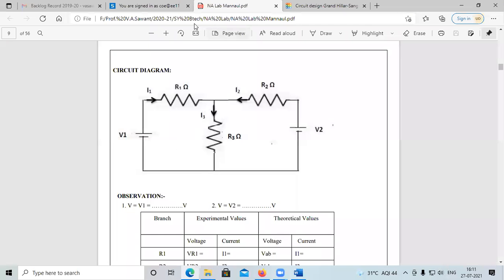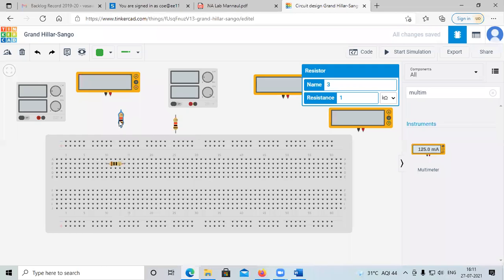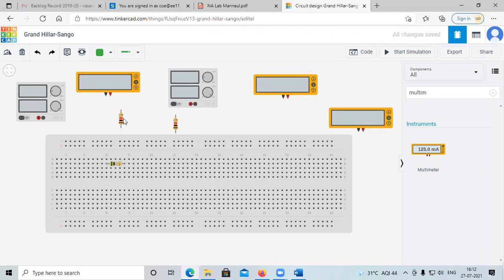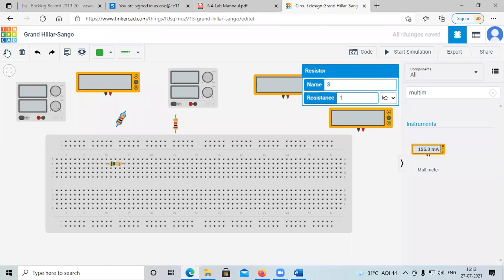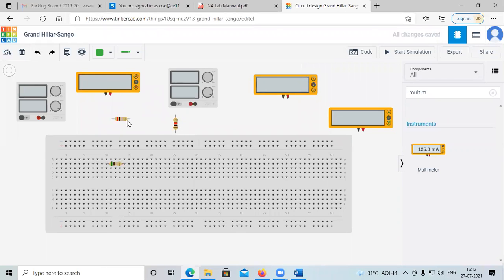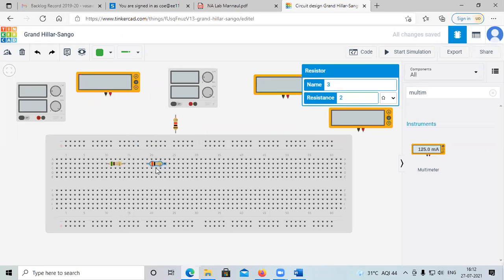So see here, it is 5 ohm. Then the second resistor, that is R2, is equal to 2 ohm. Just select here and write 2. Then this resistor can be connected here. I connect this resistor here.